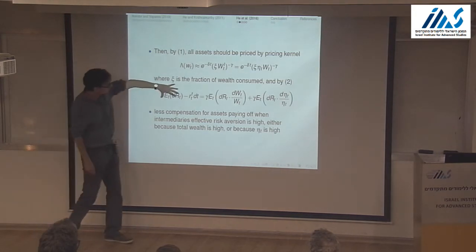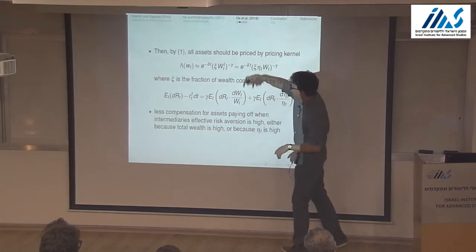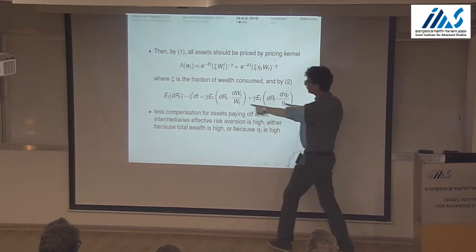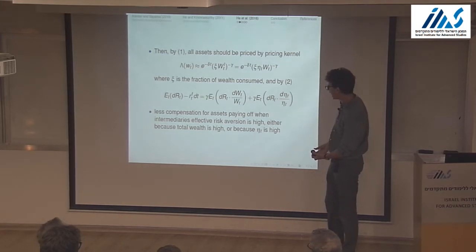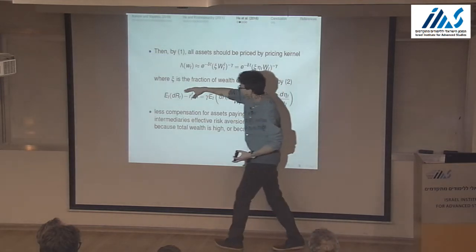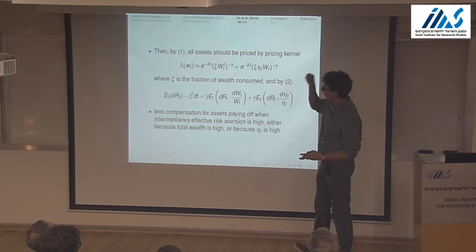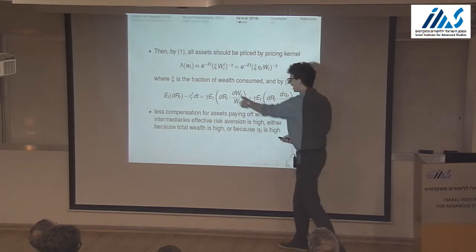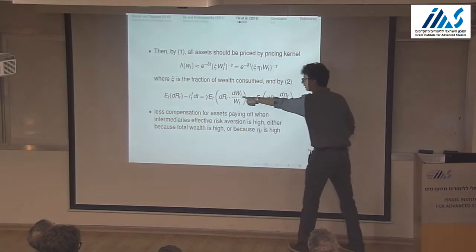And we also know that in continuous time, expected return follows a formula, which you can rewrite this way. So basically, what it says is that in this model, the expected return of a given asset will be high because of two different reasons. A given asset will give you less compensation if its return is high when you are rich, that was the original argument, or when everybody is rich.